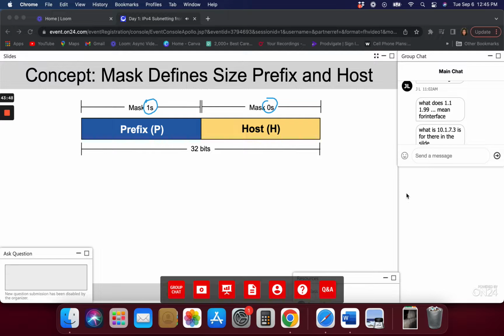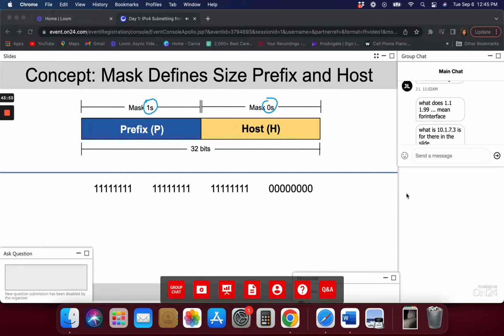For instance, in the last few examples, we said, how about subnet 172.16.1, where all addresses must have the same first 3 octets? 3 times 8 is 24. That means you've got 24 prefix bits and 8 host bits, 8 0 bits in your mask, which dictate that the first 24 bits in all the addresses must have the same value. That's where the mask is defining things about an address.